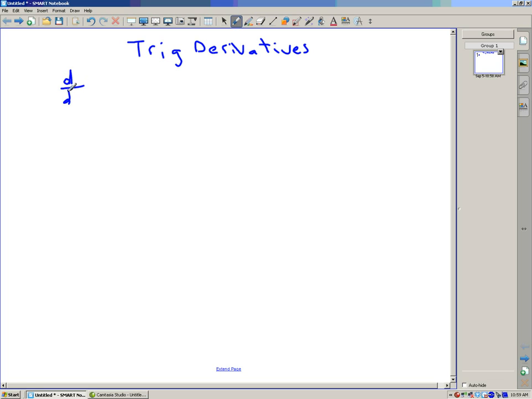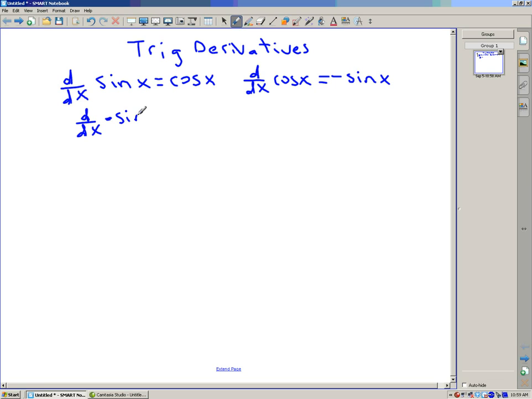Okay, so we already know that the derivative of sine is equal to cosine. At least most of us know that. And we also know that the derivative of cosine is negative sine. Of course, if we put a negative in front of that sine and wanted to find the derivative of negative sine, that's no big deal because that's just like our constant multiple rule.